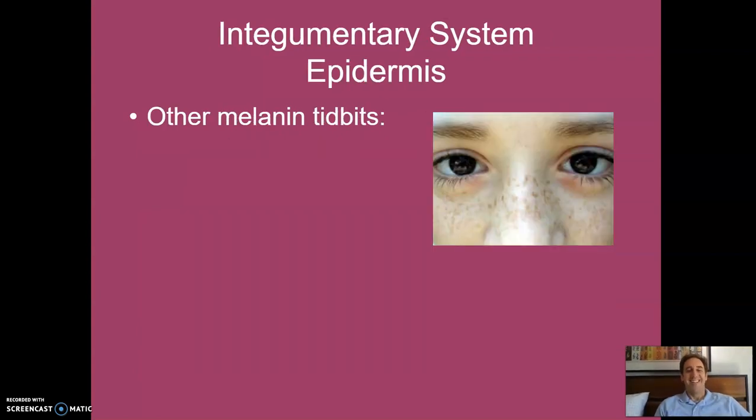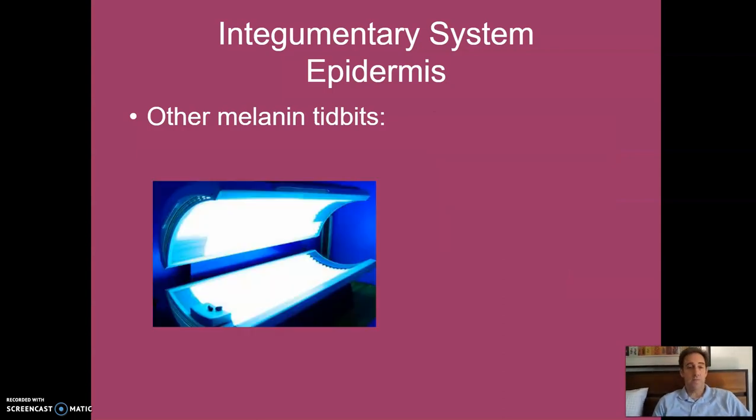All right. So other melanin tidbits: freckles are just these little local clusters of melanin. That's all they are. Some people's freckles become more prominent in the summer when there's more sun exposure. And you can actually produce more melanin in response to your environment. So if you tan, either through a tanning bed or by laying out in the sun, you're going to produce more melanin.